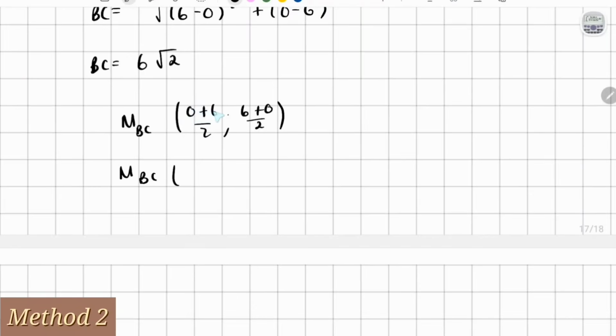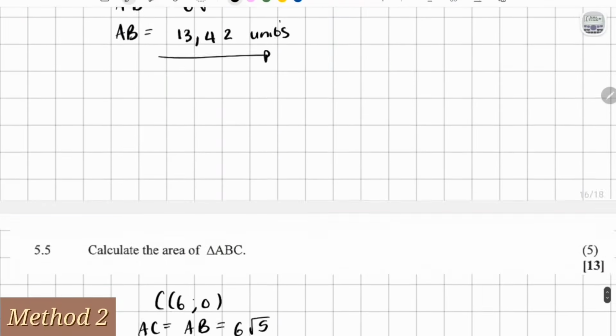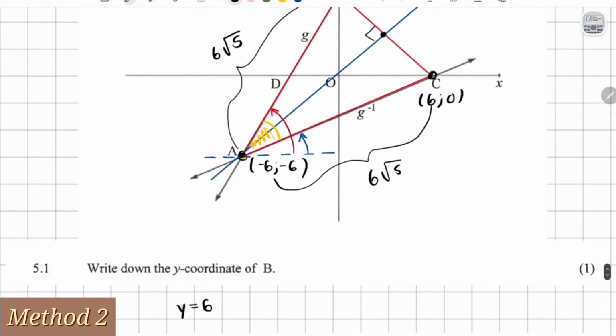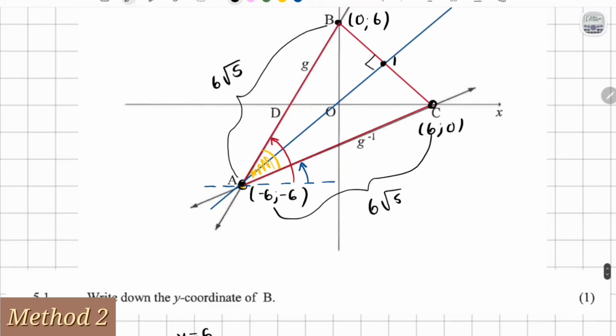That's going to end up being 6 over 2, which is 3, and that's also 6 over 2, which is also 3. So that's 3 and 3. We have that midpoint now. I'm going to call it M, which is 3 and 3.